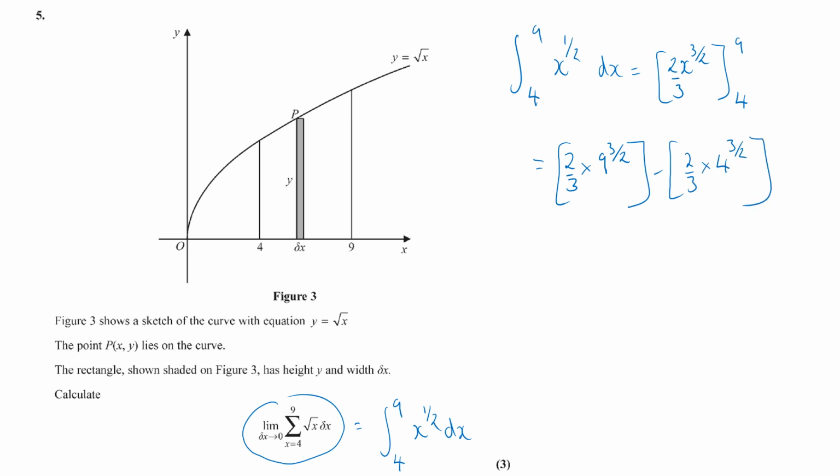Now 9 square rooted is 3, 3 cubed is 27, 2/3 of 27 is 18, minus 2/3 times 8, and that is equal to 18 minus 16 over 3, which is equal to 38 over 3, or 12.6 recurring.